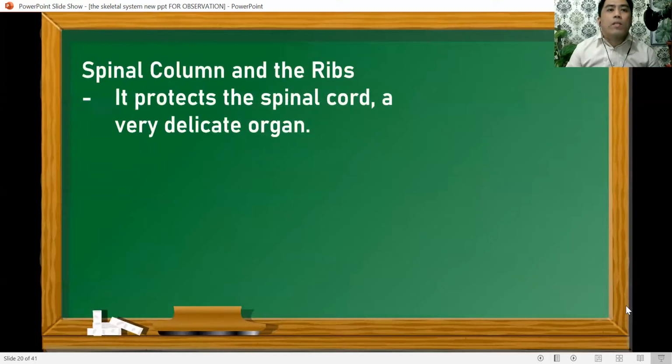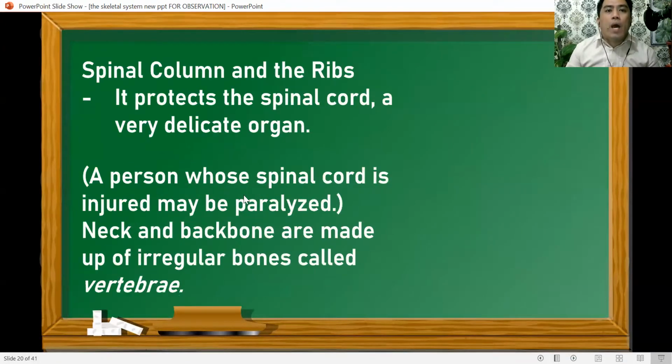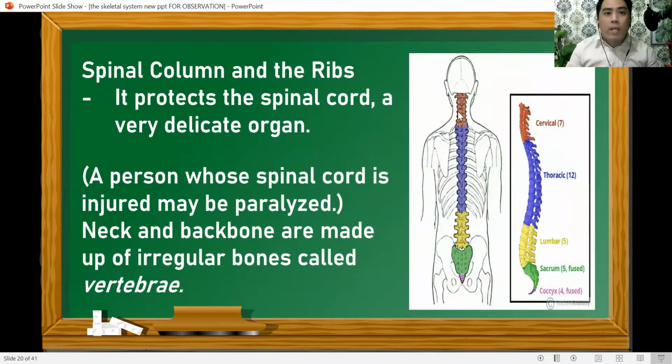Next, spinal column and the ribs. So, it protects the spinal cord, a very delicate organ. So, a person whose spinal cord is injured may be paralyzed. Yan. Ito yung ating spinal column. Okay, wala pa tayo sa ribs. So, napaka-sensitive nitong organ na ito.